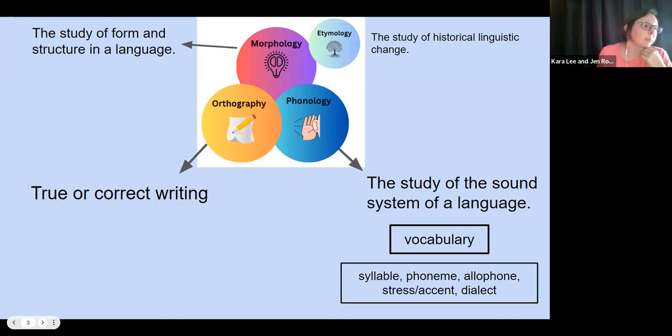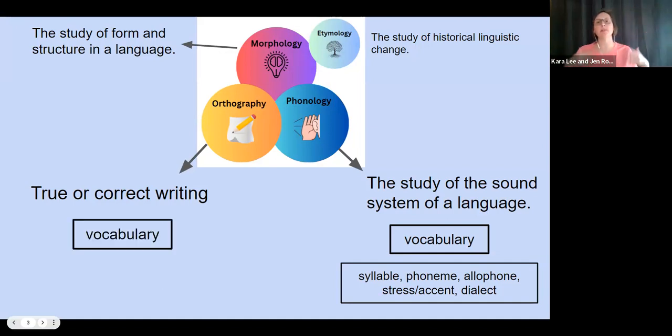Okay, so tell me now, what are some vocabulary terms associated with orthography? I know Shannon has one. Yeah, graphemes. Things we can see and write, right? Dictation is part of the lesson where we do that. Print, yep, sure.